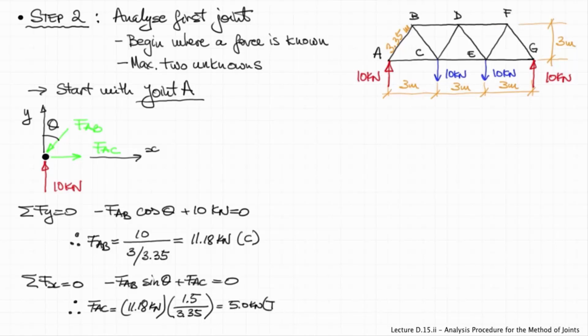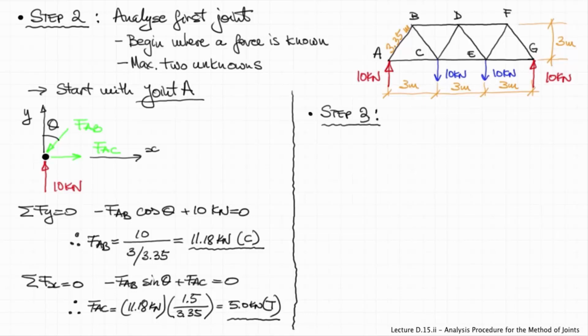Sine theta will be, in this case, half of the panel length, 1.5 meters, divided by 3.35 meters. And the result will be 5 kilonewtons, positive, meaning that our original direction of FAC was correct, and this was pulling away from the joint, so member AC is in tension.